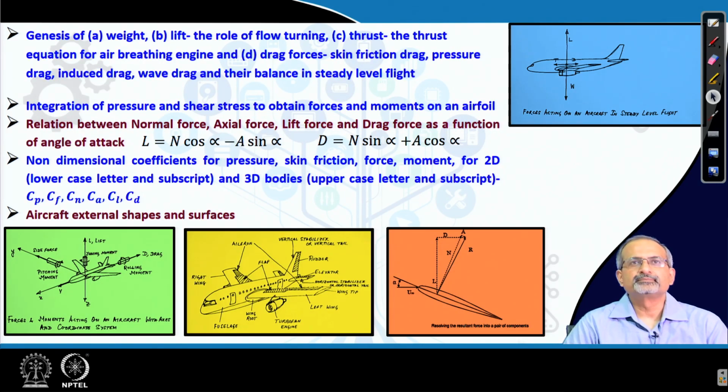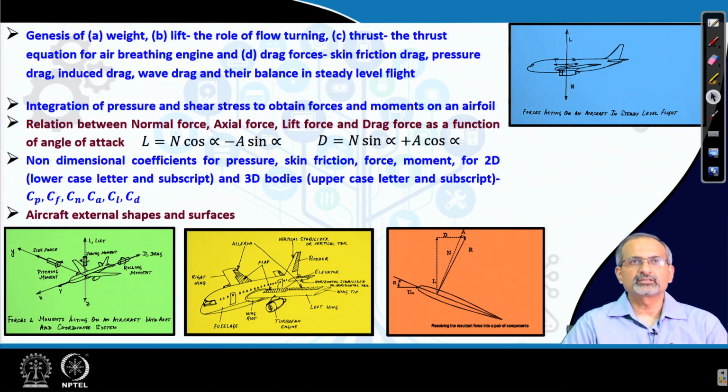We looked at the 4 very important forces which act on an aircraft when it is in flight: the weight, which includes the structural and component weights and the payload; the lift, which is caused due to the flow turning around the lifting surfaces of the aircraft; thrust.